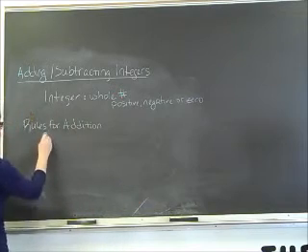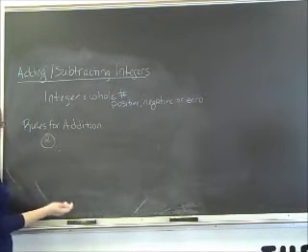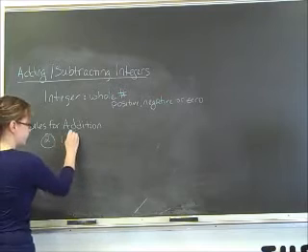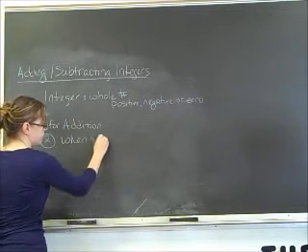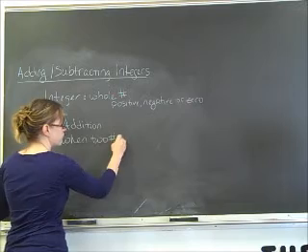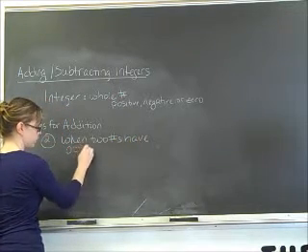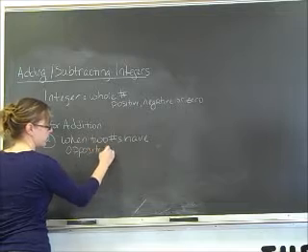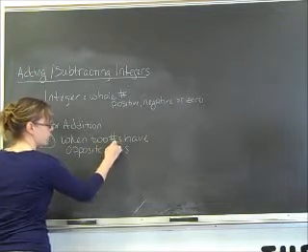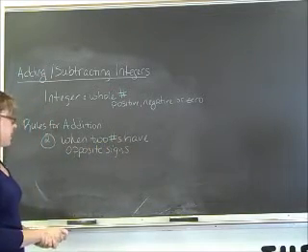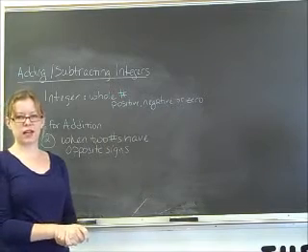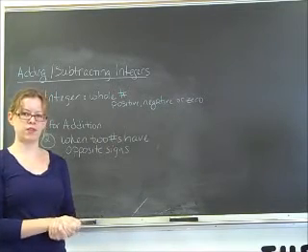Our second rule is what to do when they have opposite signs. When two numbers have opposite signs, we're going to take the sign of the number that has the larger absolute value.